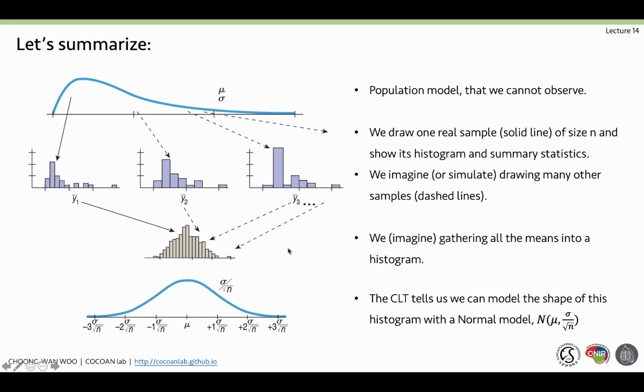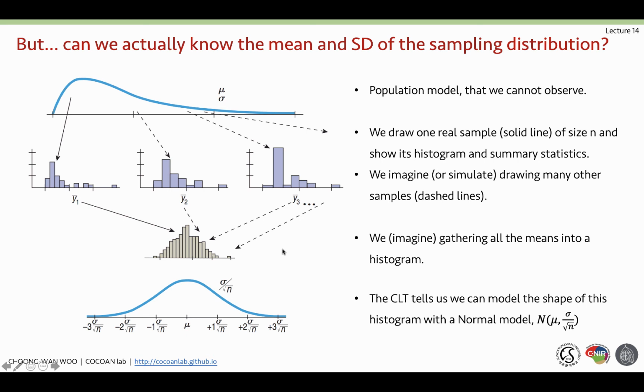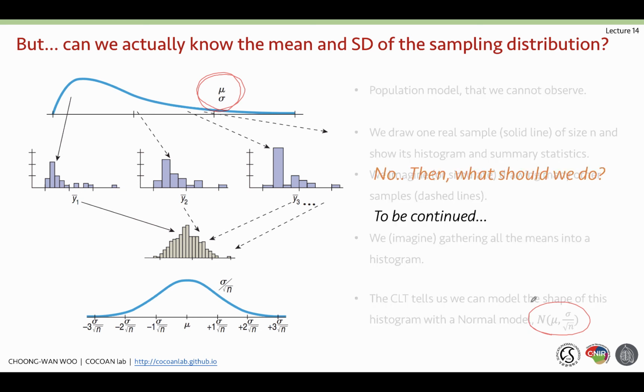If you understand what's going on here, you achieved the goal for today. But for the next class, we cannot really know the mean and standard deviation of the population, and therefore we don't really know the mean and standard deviation of the sampling distribution, right? Then what should we do? That's going to be continued in the next class.